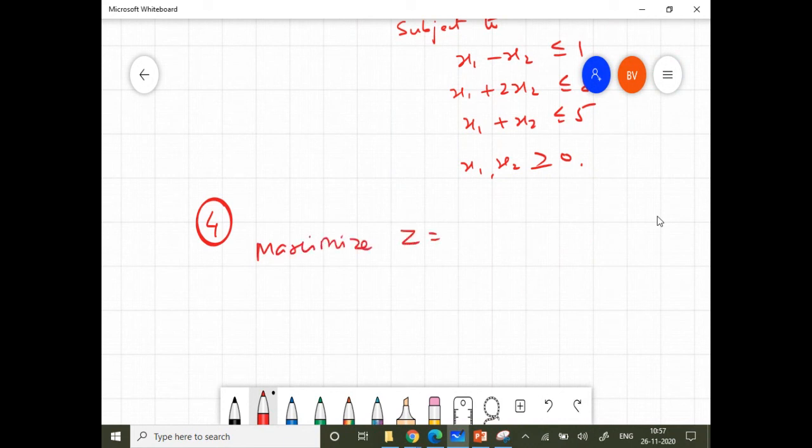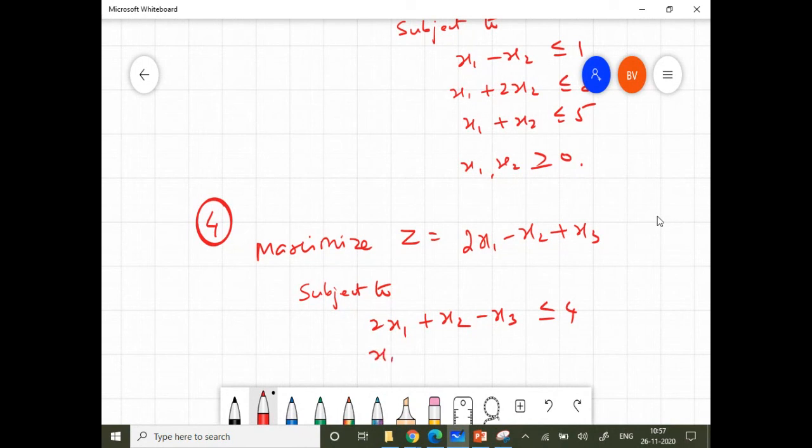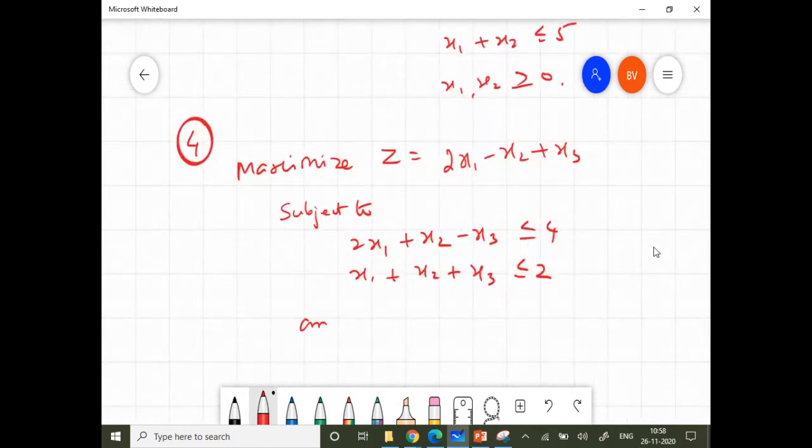Maximize z is equal to 2x1 minus x2 plus x3 subject to the conditions 2x1 plus x2 minus x3 less than or equal to 4, x1 plus x2 plus x3 less than or equal to 2, and x1, x2, x3 greater than or equal to 0.